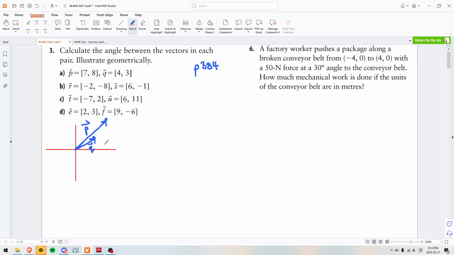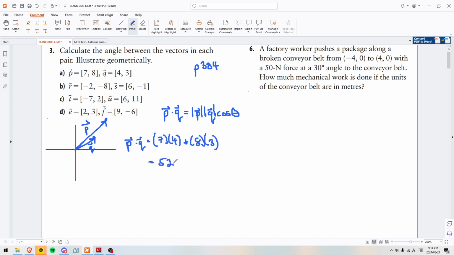When we have position vectors and we're looking for an angle, what first comes to mind is using the two vectors to calculate the dot product, and by definition, using its geometric formula, which links our magnitudes and the angle contained between them. So the dot product, let's do the left side. The dot product is going to be the product of the x components plus the product of the y components: 28 plus 24, that's 52.